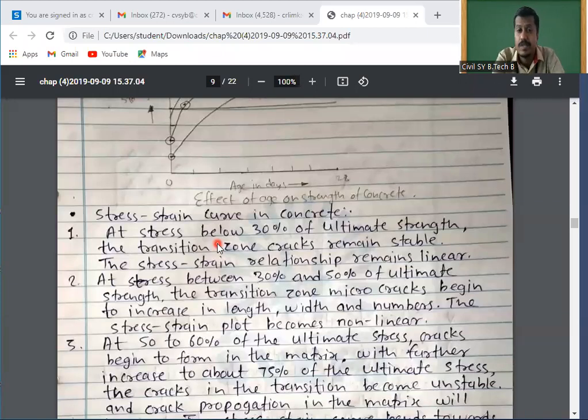But what is limit of proportionality? Very simple question I have asked.